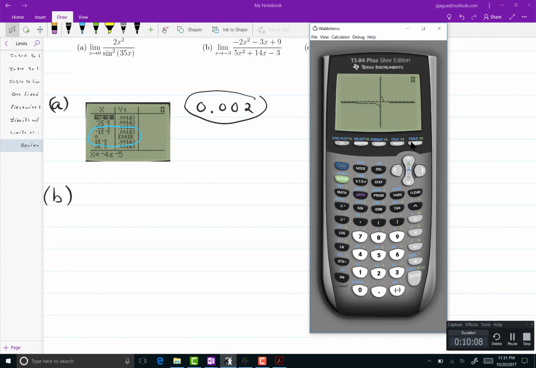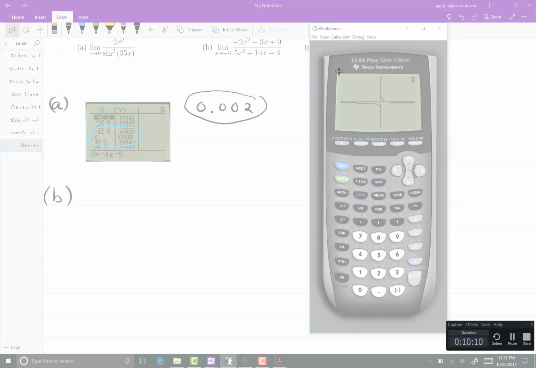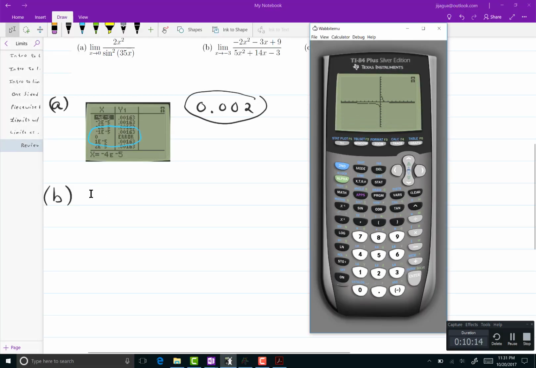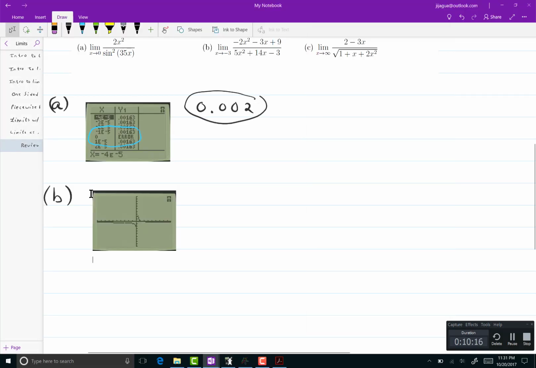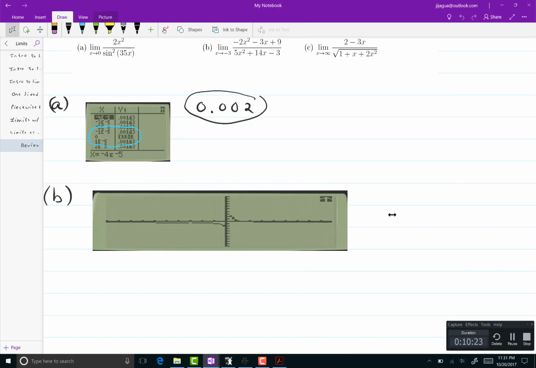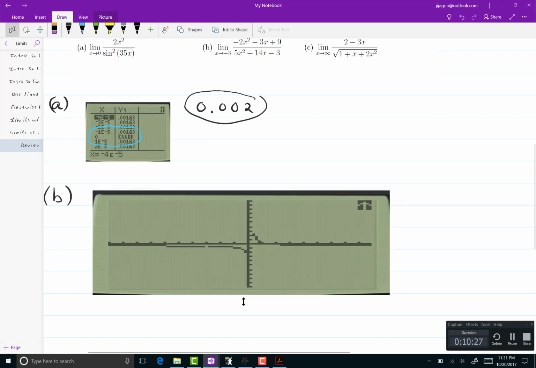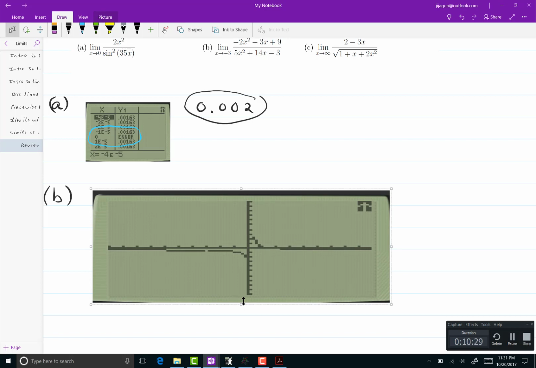I see the hole there. All right, let's stretch it out. There it is, right under -3.